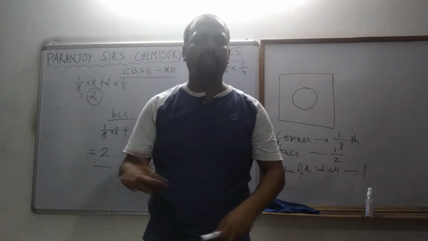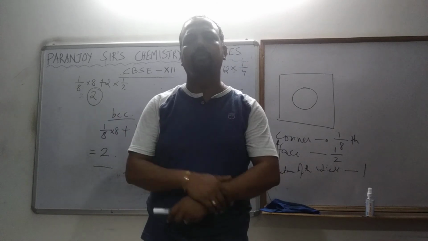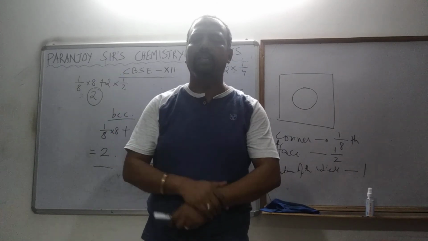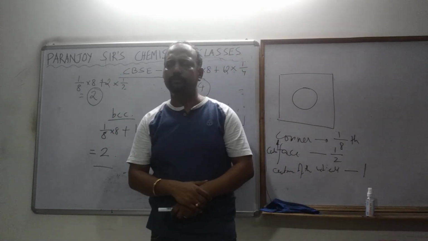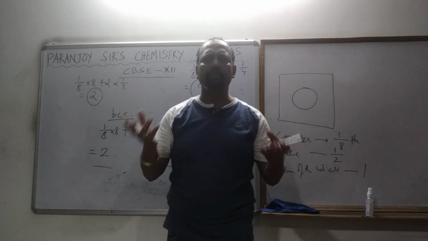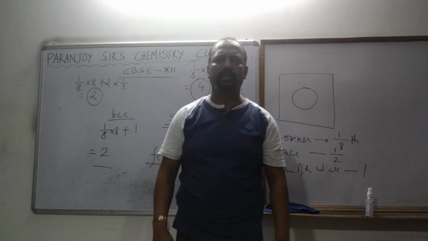So 4 into 1/2 means 2, plus 1/8 into 8 is 1. So 2 plus 1, that is 3. Anything that is given, you can find because you know where it is present and how much it is sharing.